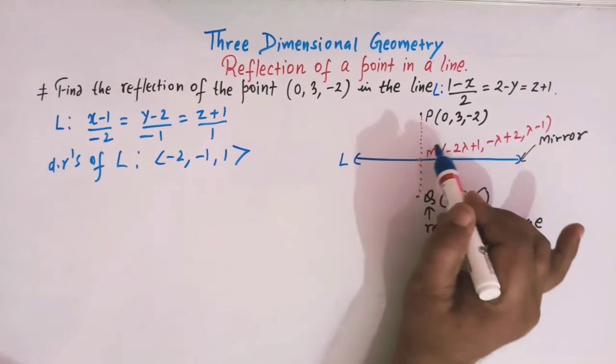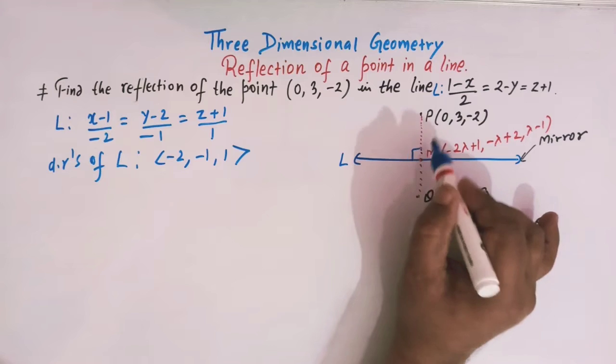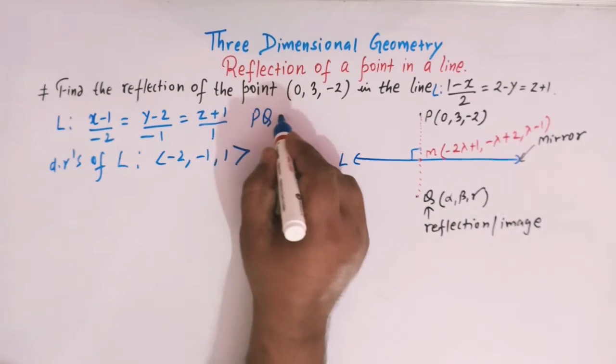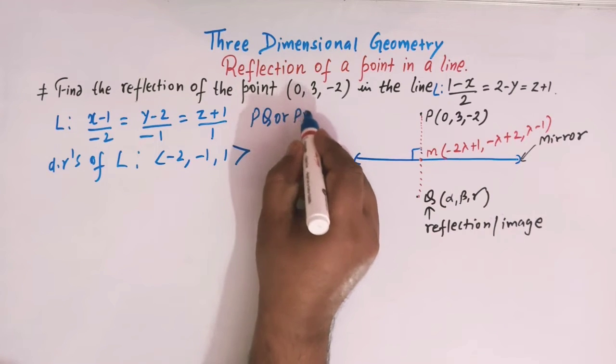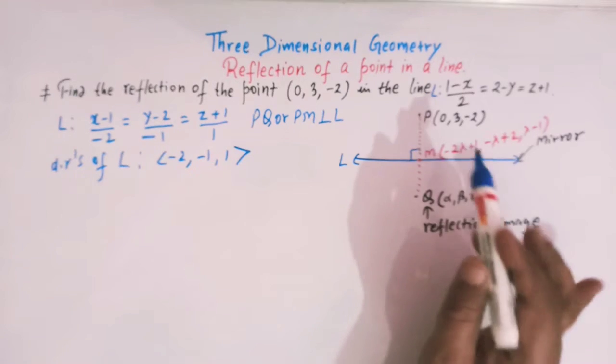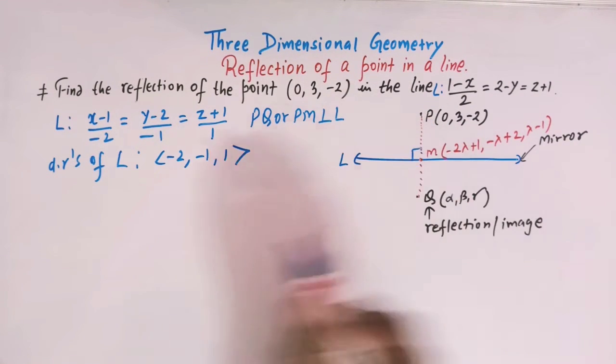And since this line PQ is perpendicular to this line L, right? So PQ or PM is perpendicular to this line L. Now let us find out the DRs of PM, right?